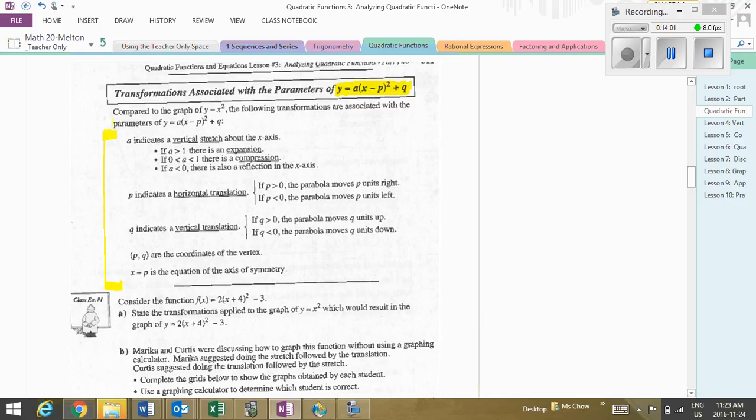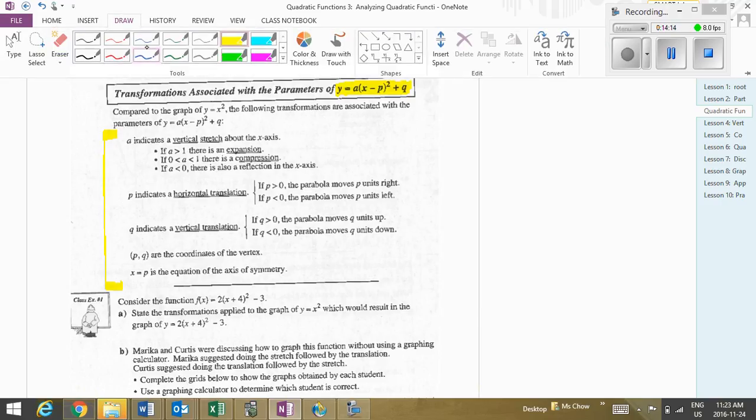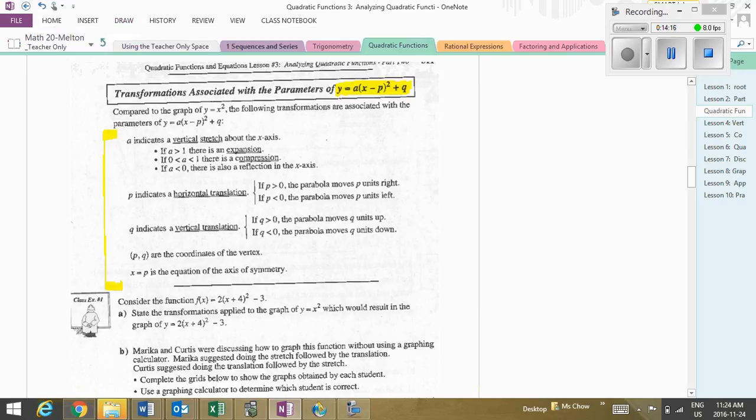So A gives us not only our vertical stretch, it also tells us if there is a reflection, and because of whether or not there's a reflection, we can also tell, does it open up or down, and therefore, is there a minimum or a maximum point?